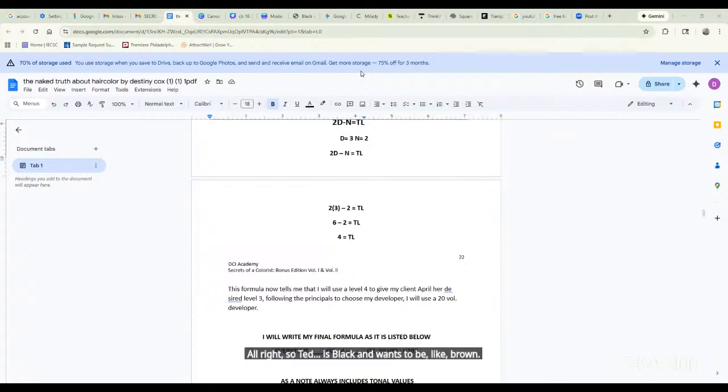So far we have the formula 2, we have 4 in parentheses minus 1. So 2 times 4 is what? 8. Okay, minus 1, 7.